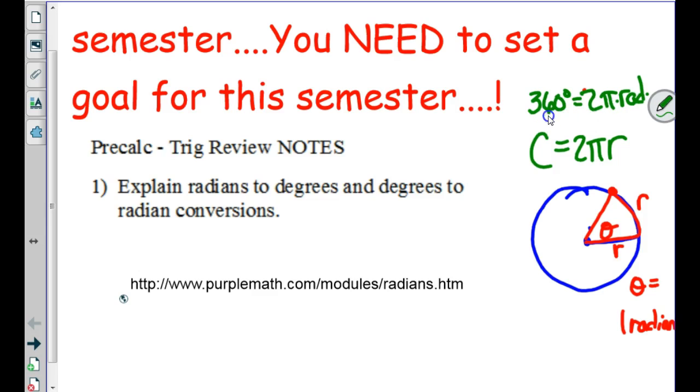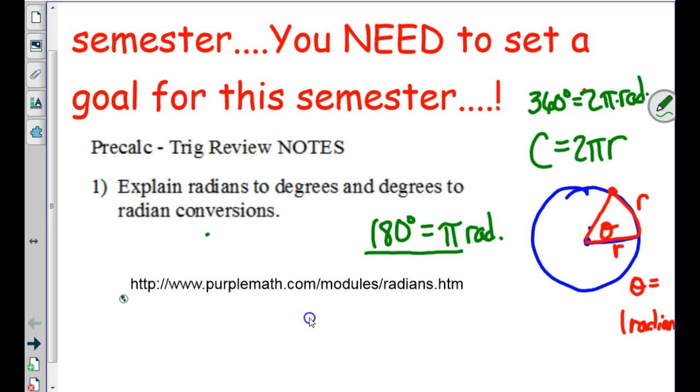If I divide both of those by 2, I get 180 degrees is pi radiuses or radians. Does that make it a little bit of sense now? So the conversion that you learned, do most of you have that one memorized? That on the unit circle halfway around is pi or 180 degrees.